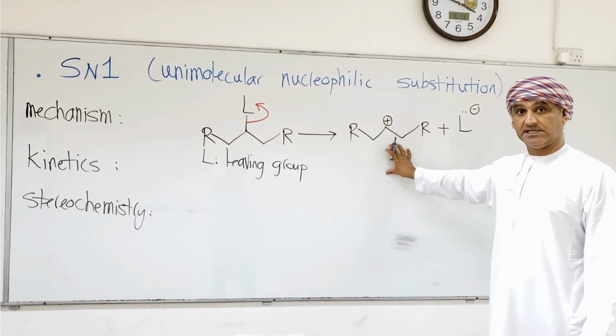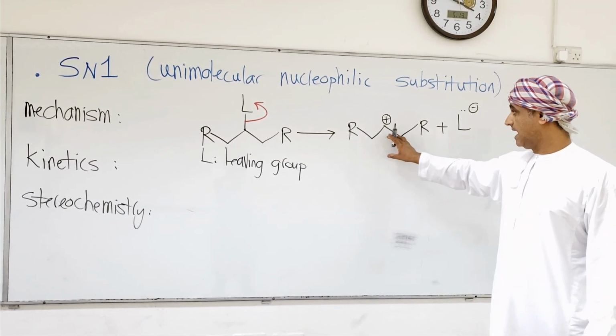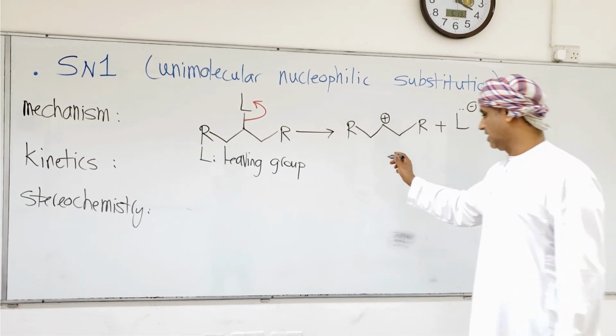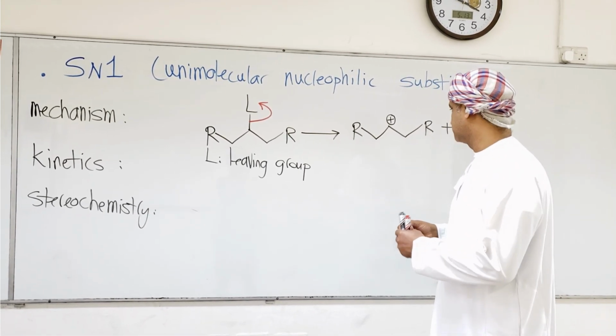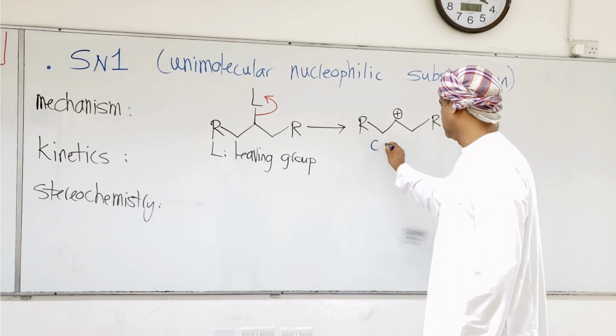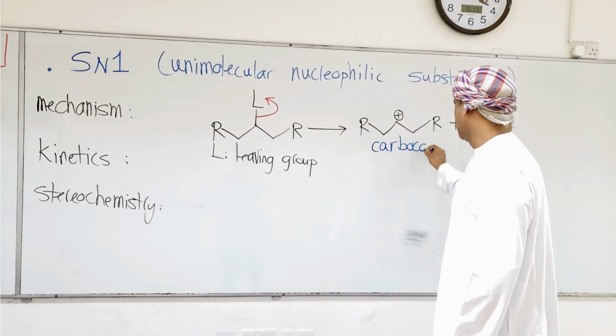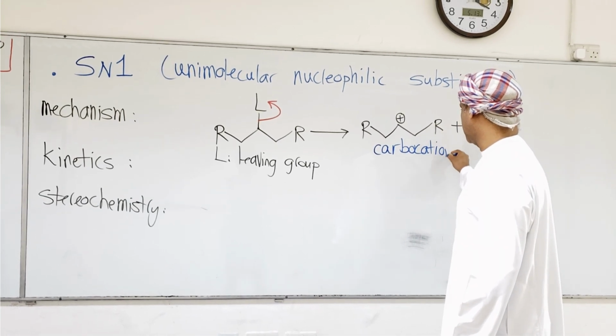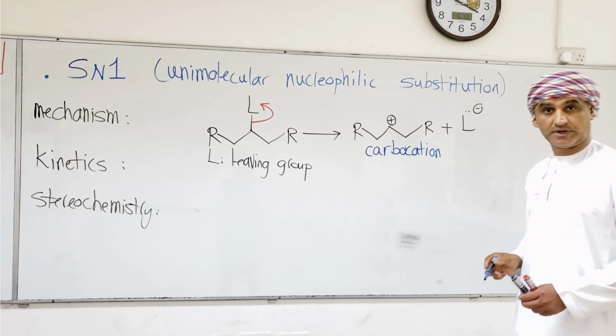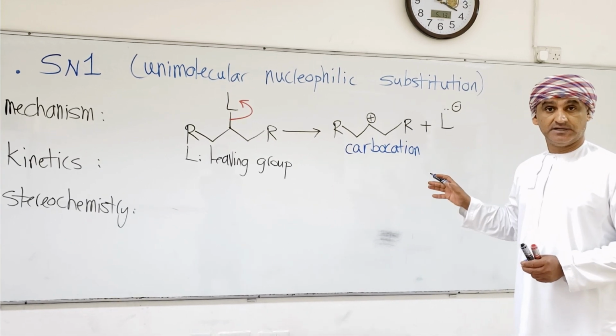Now this intermediate has a carbon that is positively charged, and therefore, as you might expect, this would be named as a carbocation. So a carbocation intermediate, therefore, is formed in the SN1 reaction.